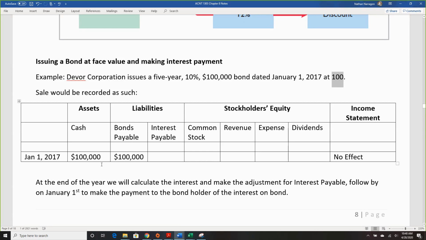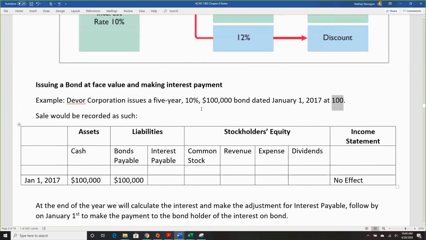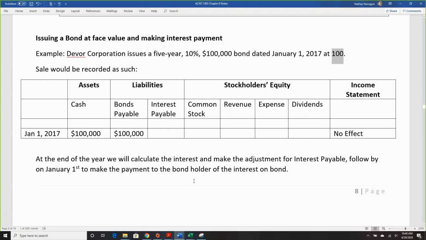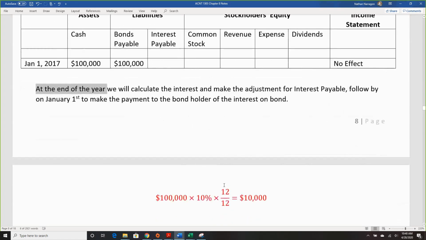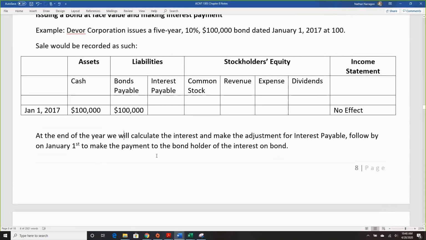But we do have to make interest payments. Now, since this one did not say how many times we're going to pay interest, we're probably going to pay it at the end of the year, which now it actually does state, at the end of the year the interest payment is being made. Now, watch out again, because this book loves to do this.